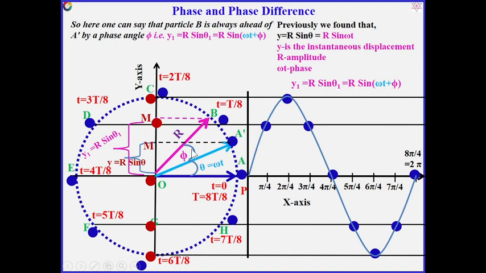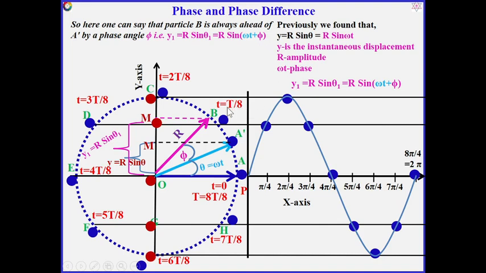So we can say that particle B is always ahead of particle A dash by a phase angle. How much? Phi. And the so-called y1 displacement is r sin theta 1, or r sin omega t plus phi.